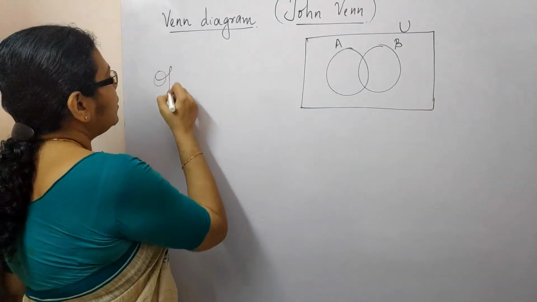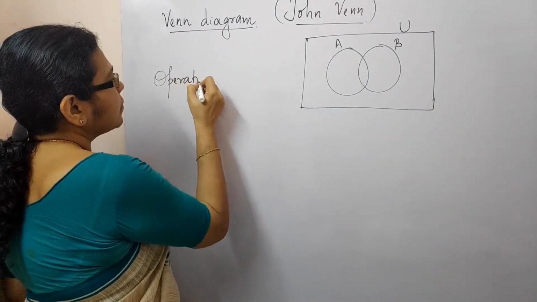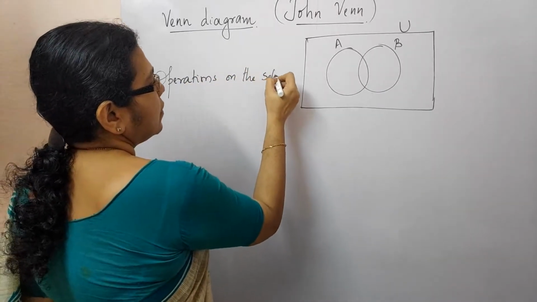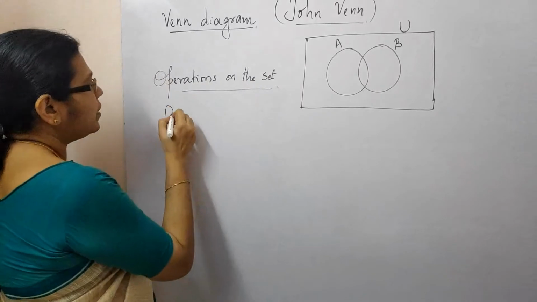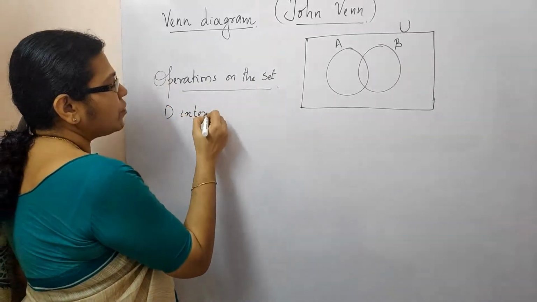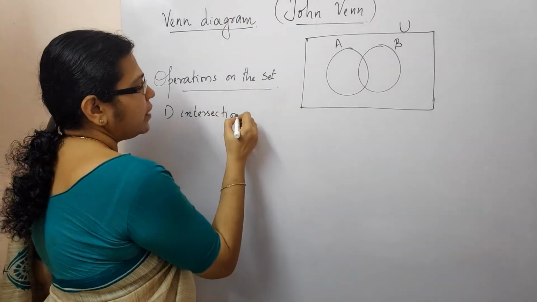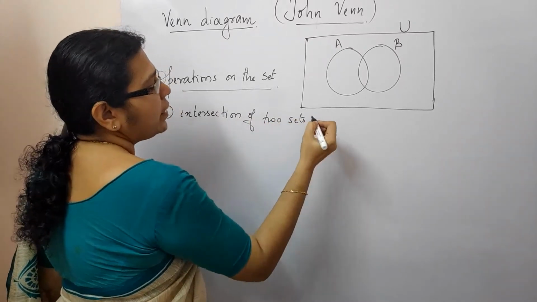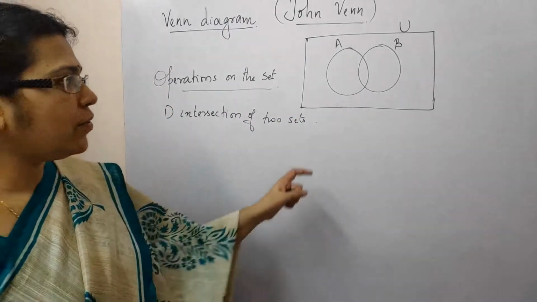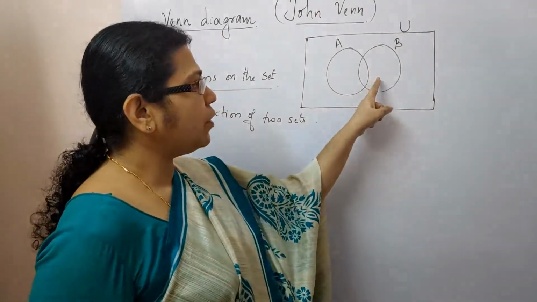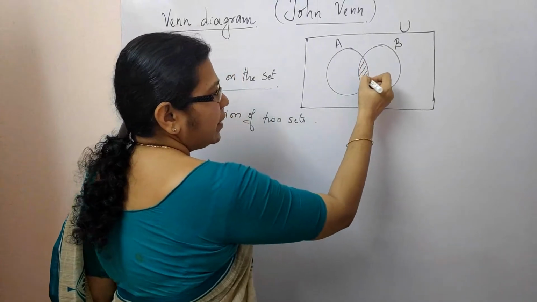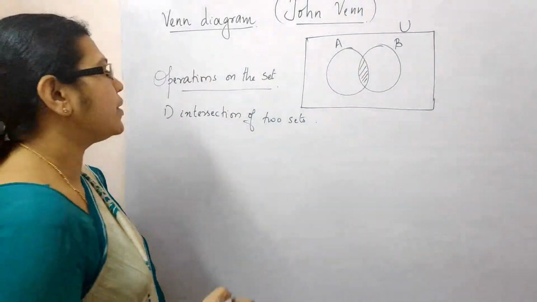Now, let's see what are the operations on the sets. The first one is intersection of two sets. Which is the intersection of two sets? That is this part. This is the intersection of two sets.